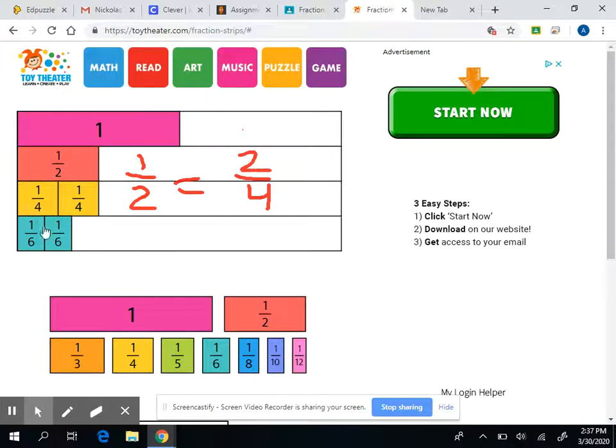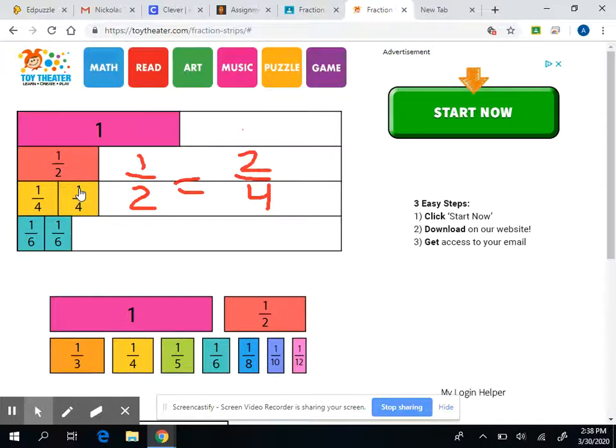See how sixths aren't equivalent to 1/4, because we look at these lines here. These solid lines tell us when the fraction ends. See how 1/2 lines up with this one here? It's 2 fourths, because we have 1, 2 fourths.